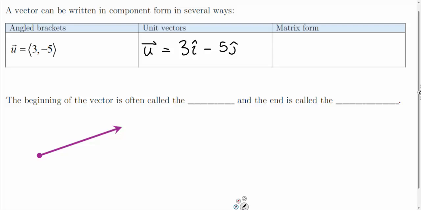Or, as a matrix, you no longer learn this in Honors Algebra 2, but you can write it like this, 3, negative 5. This is what's called a matrix, but it's really a vector because there's only 2 numbers, or 1 column, okay? So those are all equivalent. Don't worry so much about the i and the j for now. Don't worry so much about the matrix form, but if it shows up, just be aware.